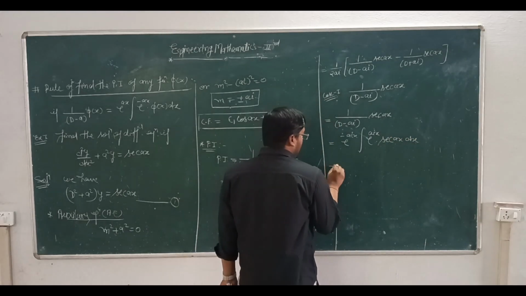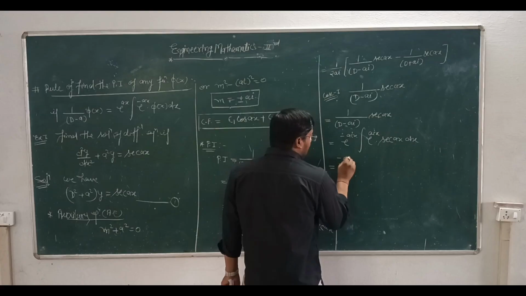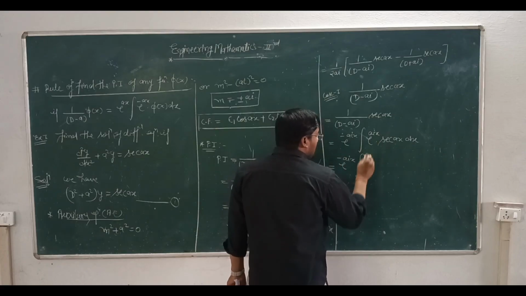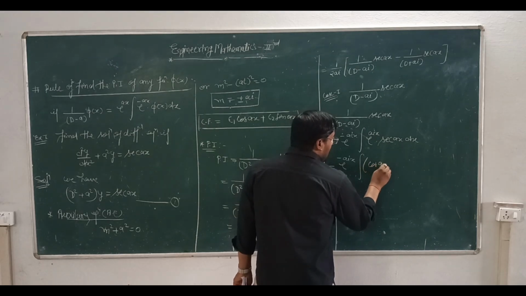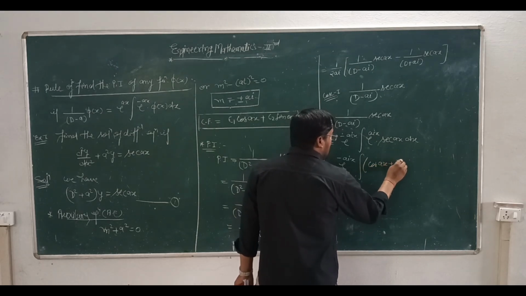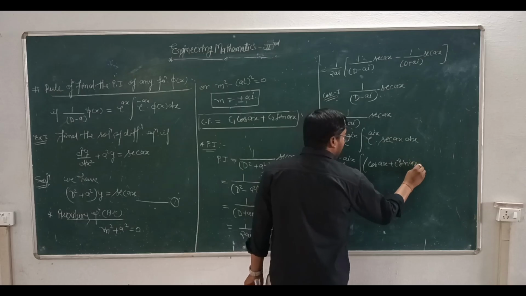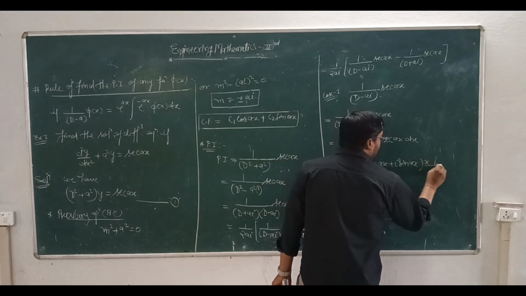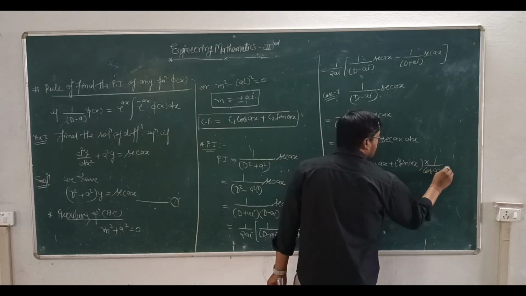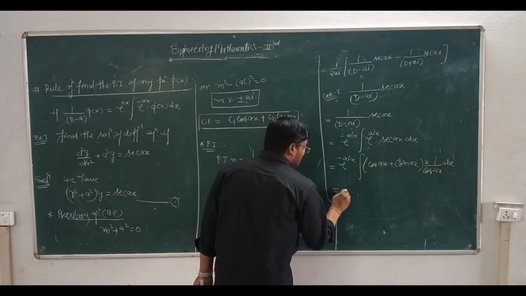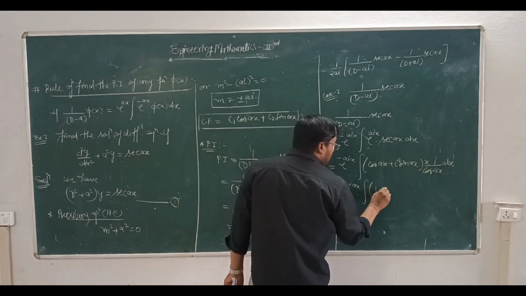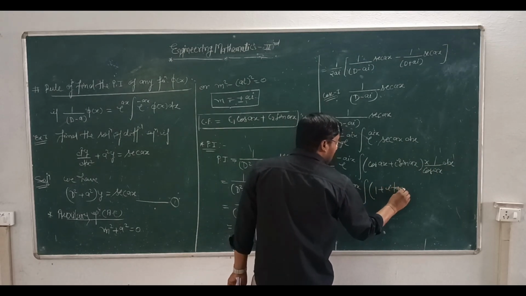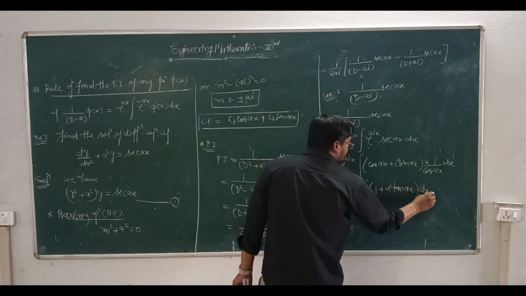Now you can write e to the power minus aix integral, put the value of e to the power iax, you can write cos ax plus i sin ax. Now you can write the sec, this means 1 upon cos ax into dx. Now you can simplify this function, e to the power iax integral. You can multiply this. Now you can write 1 plus i tan ax into dx.